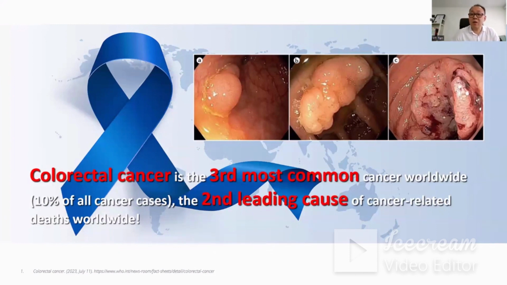So this is the second leading cause of cancer-related death worldwide, and the number one leading cause of cancer death is actually pancreatic cancer. So pancreatic cancer is also linked to this colorectal cancer. All right, pancreatic is actually part of the digestive system, but it's not the main organ.